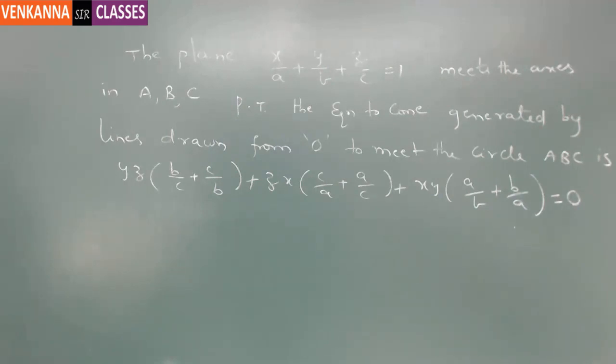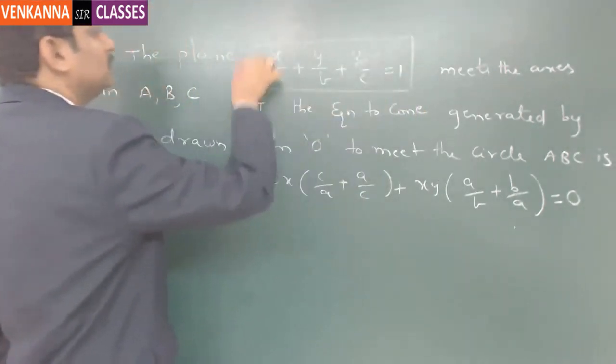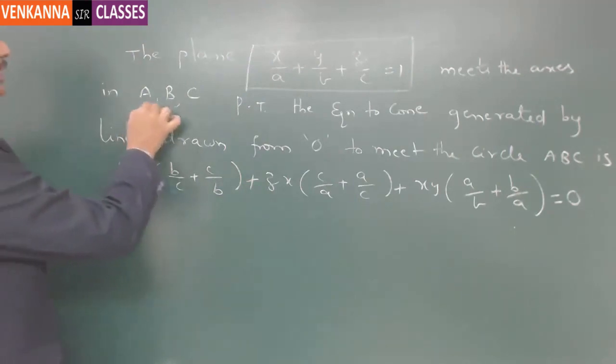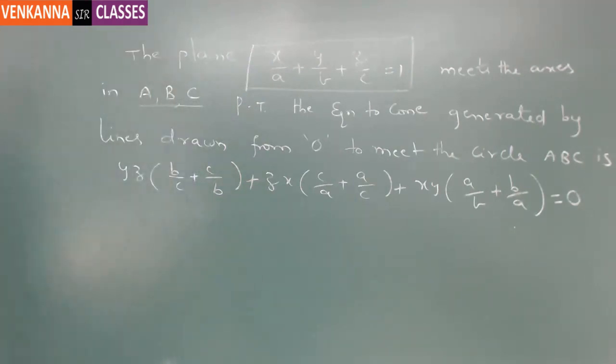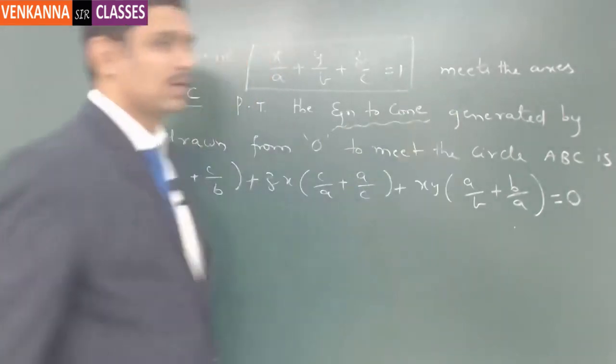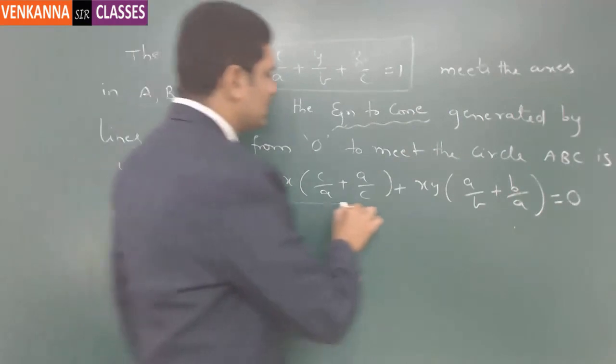So here, if you observe, we have a plane equation which intersects the coordinate axes in the points A, B, C. The solution is also given in the problem: if you calculate the equation of the cone, it is nothing but the big equation which is given in this problem.